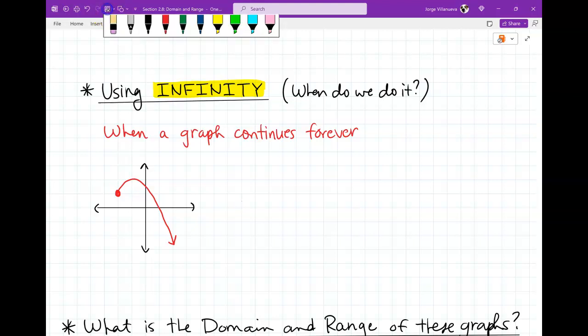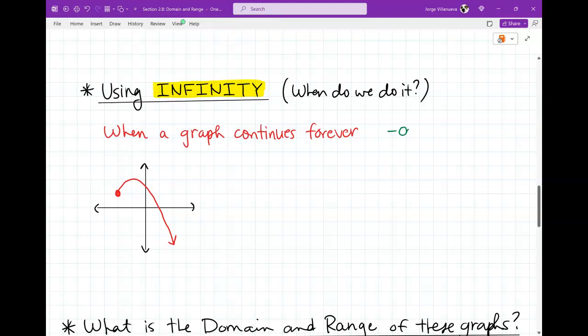Okay. And by the way, whenever you use infinity, you could either have a negative infinity because that means it's going either to the left or down. So I'm going to put right here, left or down forever.